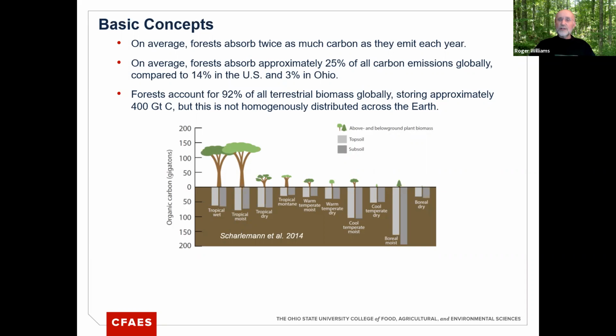And it's also going to be determined by latitude. This affects species composition, forest growth, length of growing seasons, and soil respiration. And so subsequent tree size is also a factor. Tropical forests are going to sequester and store more carbon than boreal forests.